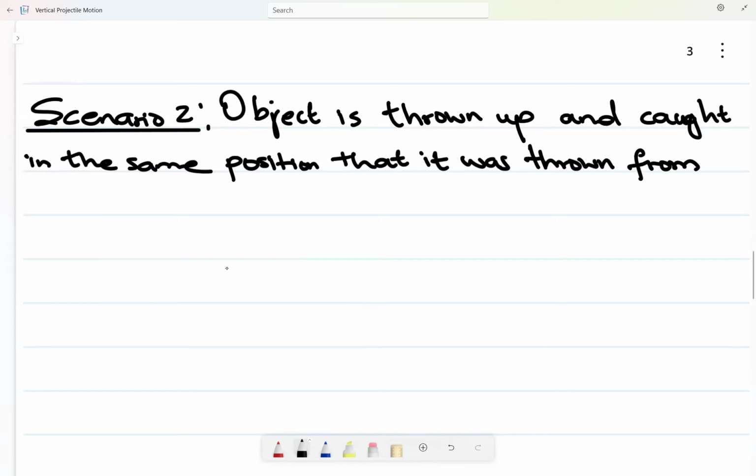Okay, so now the object is thrown up and caught in the same position that it was thrown from.